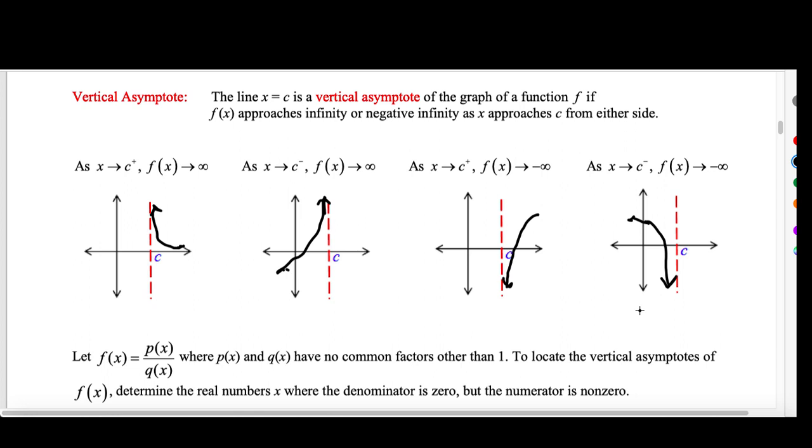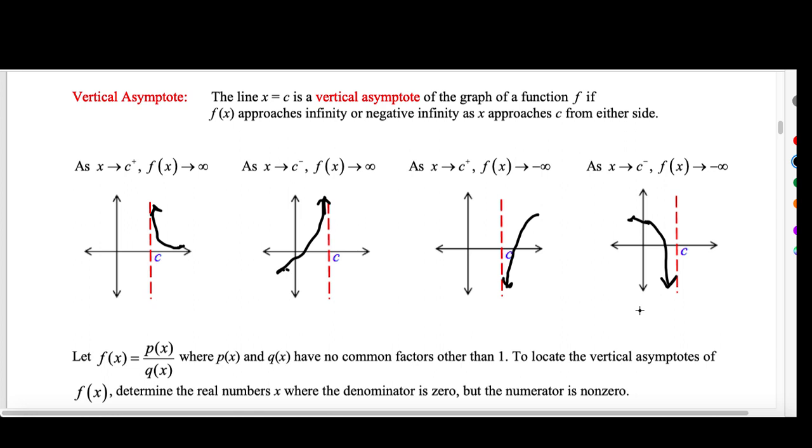So that represents an x value where the function is undefined. And when you have a rational function, that involves the ratio of two polynomials, the place where it would be undefined would be where the denominator is 0. So the vertical asymptotes correspond to the x values that make the denominator 0.